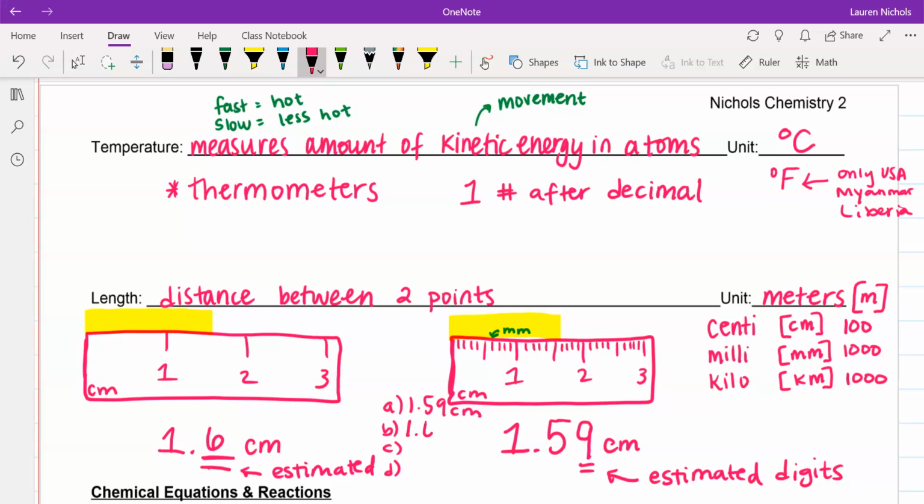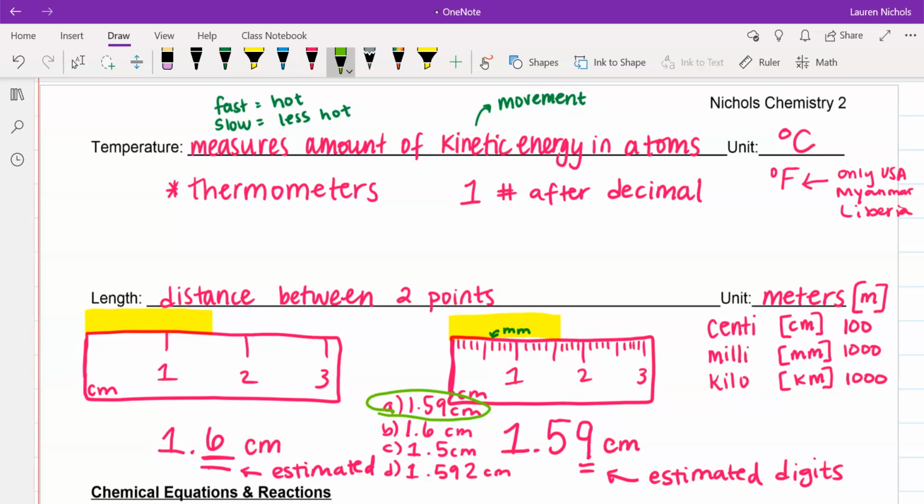I might put 1.6 centimeters. I might put 1.5 centimeters. And I might put 1.592 centimeters.